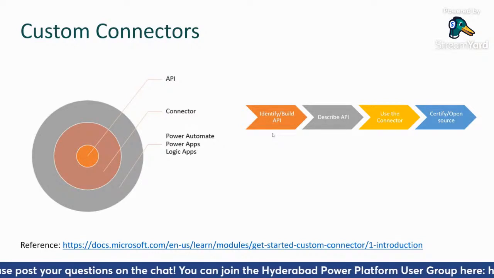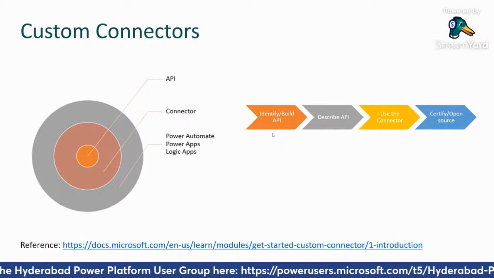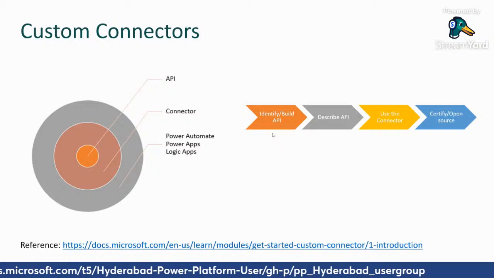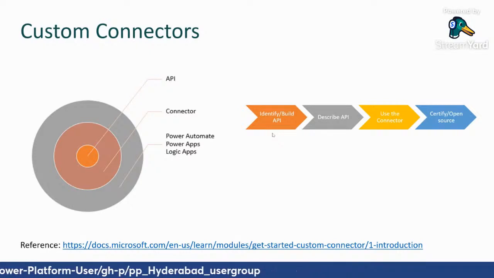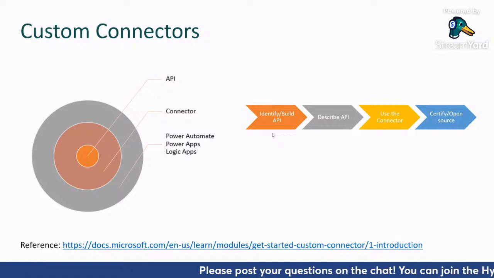By sharing the custom connector definition as open source, you make it available on GitHub for other customers to import into their environments. So you have your custom connector, you make it available to the outside world, and they can import it into their environment. Certifying the connector requires that you own the API or have explicit permission to publish the connector from the API owner.